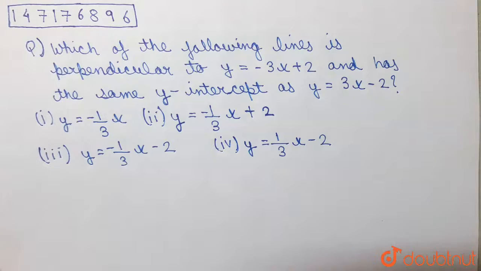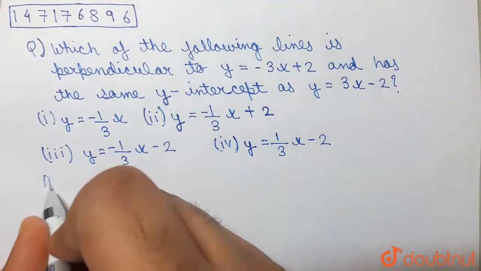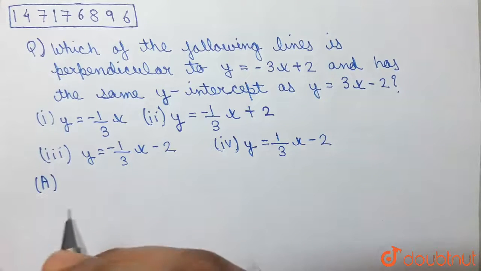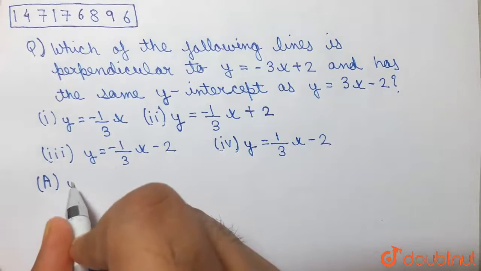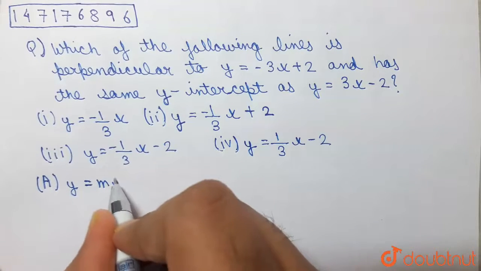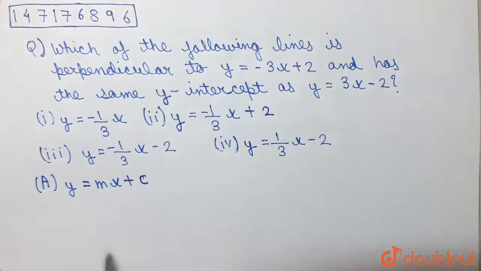Okay, so we know that for a straight line, if the equation is represented in the form y is equal to mx plus c, then the value of m represents the slope of the line and the value of c represents the y-intercept of the line.